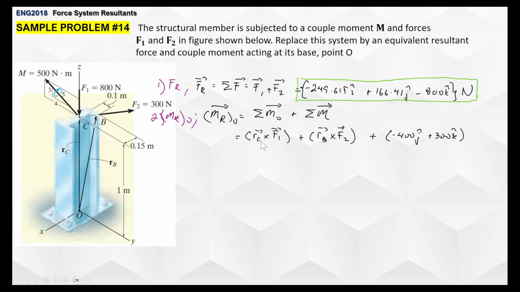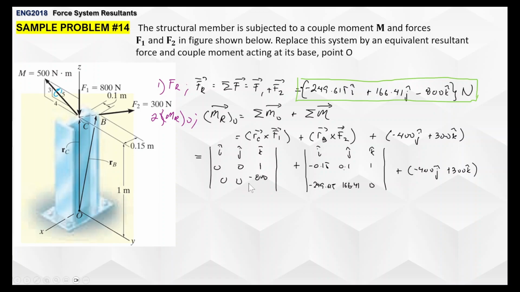So for RC cross F1, it's basically here. That's the determinant form. You can see there's a lot of zeros going on here, so obviously this will automatically cancel out. Because if you evaluate it, it's going to be 0 times negative 100, 1 times 0, so 0 right away.